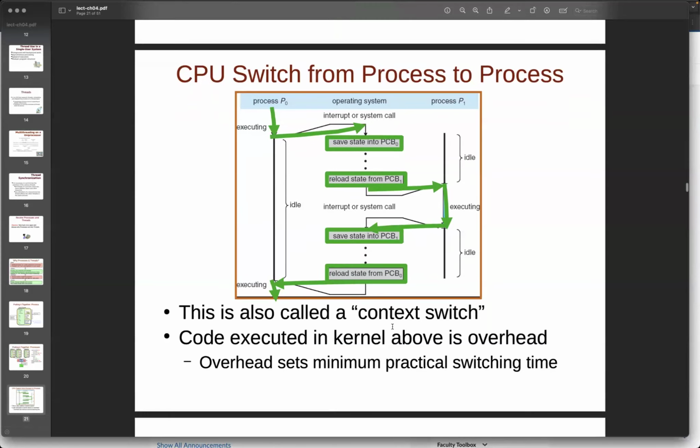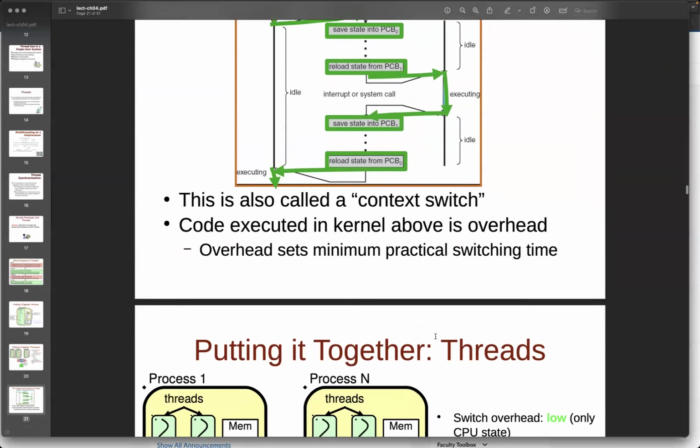That's what we call the context switch. The code executed in the kernel is overhead, and overhead has a minimum practical switching time. That's how all the processes switch from one to another. That's how the PCB works.